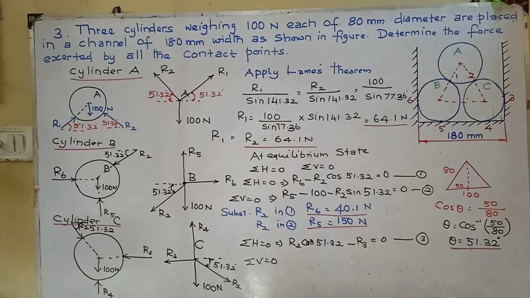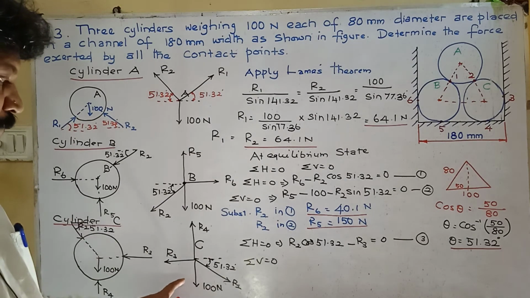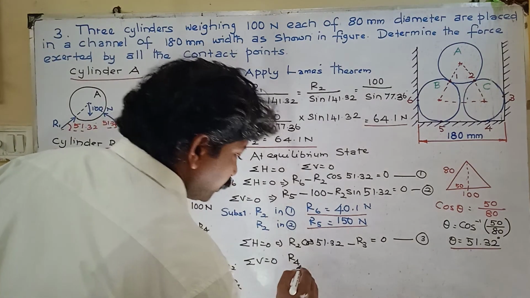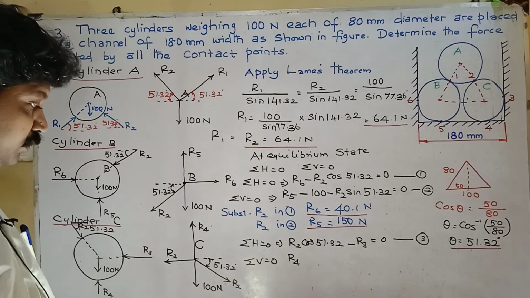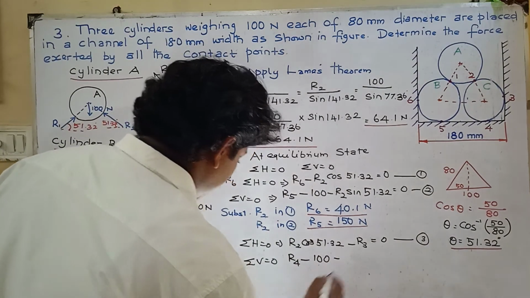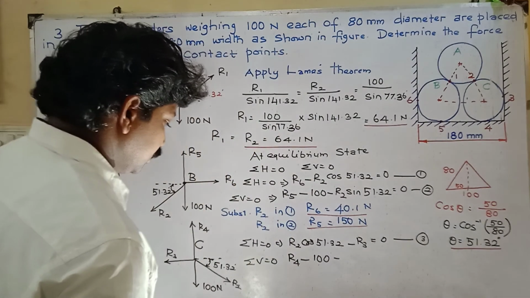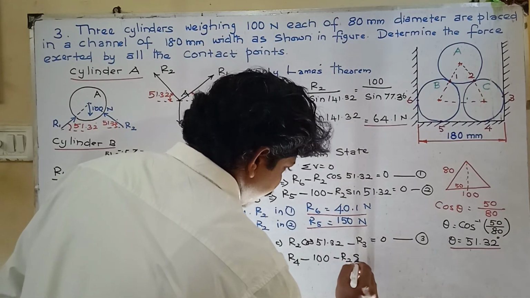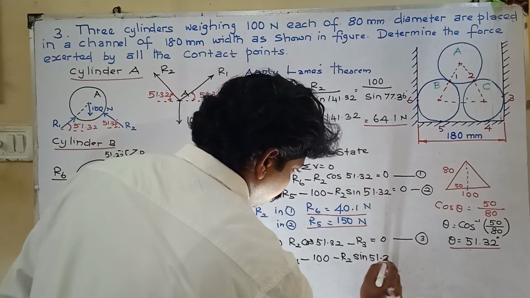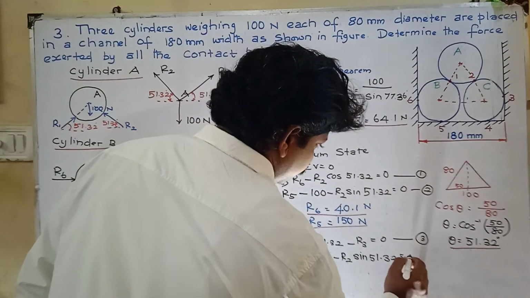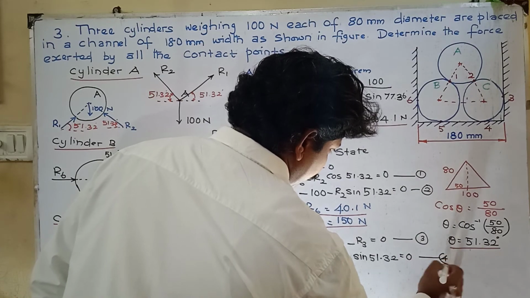R4 positive, minus 100, minus R2 sin 51.32, equal to 0. Take this as equation 4.